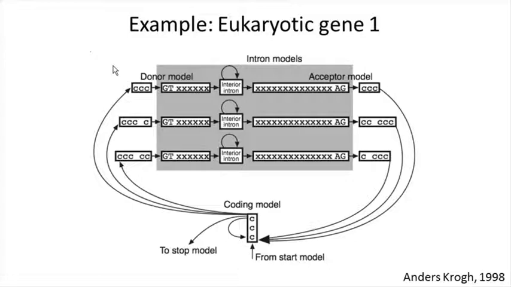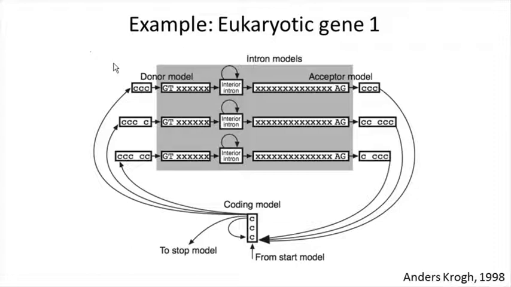If we add some more states, it becomes the eukaryotic gene hidden Markov model. Let's look at the first line. Because there are introns, if the intron starts just after the third base pair of a codon, it is the first line. If the intron starts after the first base pair of a codon, it is the second line.